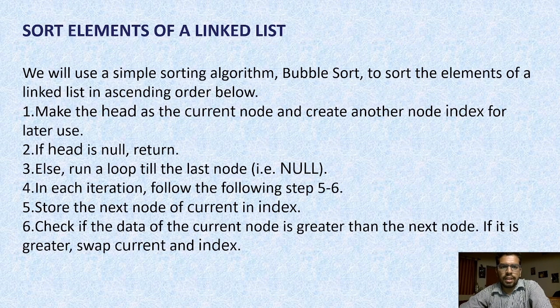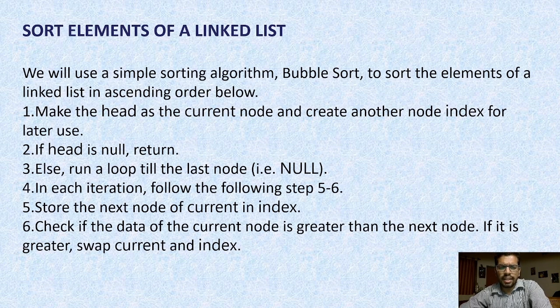Sort elements of a linked list. We will use a simple sorting algorithm, bubble sort, to sort the elements of a linked list in ascending order. Make the head the current node and create another node index for later use. If head is null, return. Else run a loop till the last node.